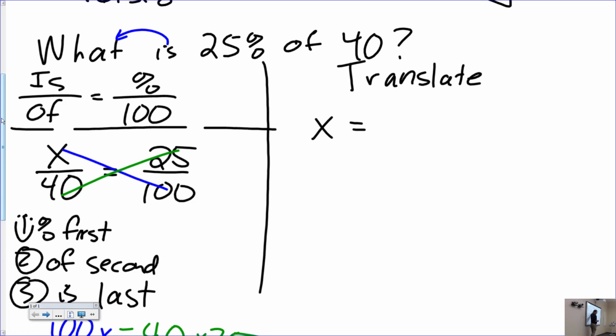So 25%, what will I write it as? 0.25. And the reason why I like to do the translate method is because, folks, how do we translate the word of? Multiply. It's one of those things that gets into your brain that says, hey, every time you see the word of, think multiplication, and then translate 40 by writing the number 40 down, and then you just perform the operations to solve for x.